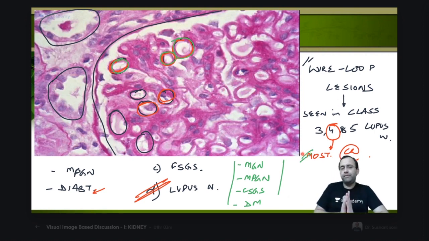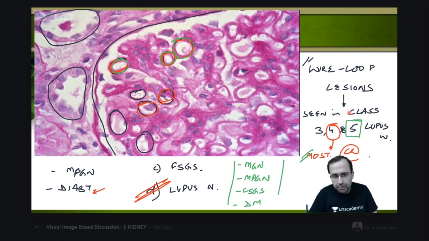My question to you is, what is class 5 lupus? Class 5 is membranous lupus nephritis, which is a type of membranous glomerulonephritis.